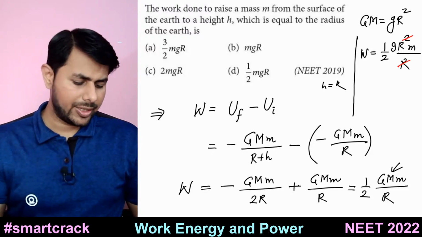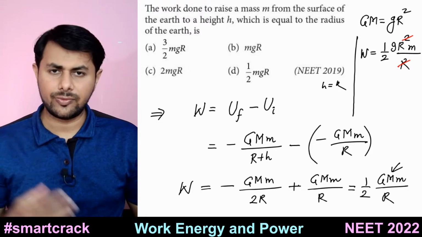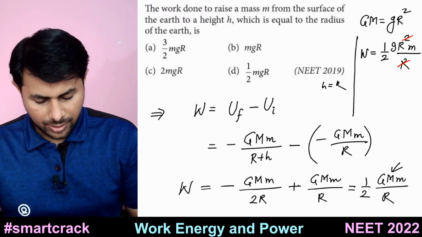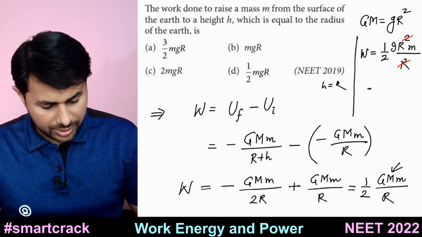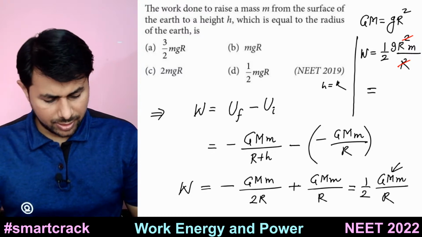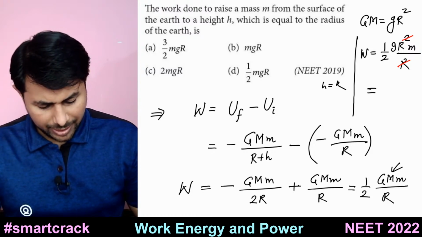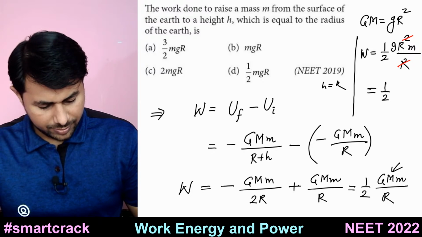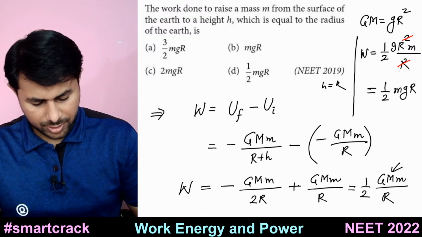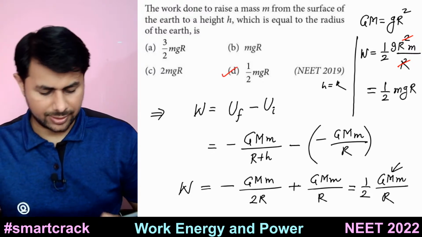Okay, so one of the r from the square gets cancelled with r in the denominator. So what do we get? It is equal to which option? Half of mgr. Okay, option D is the answer.